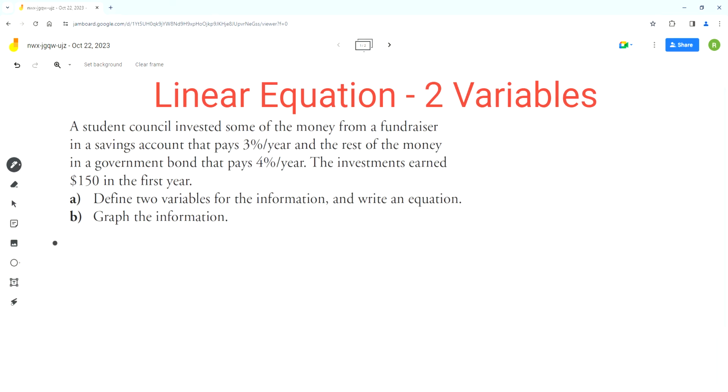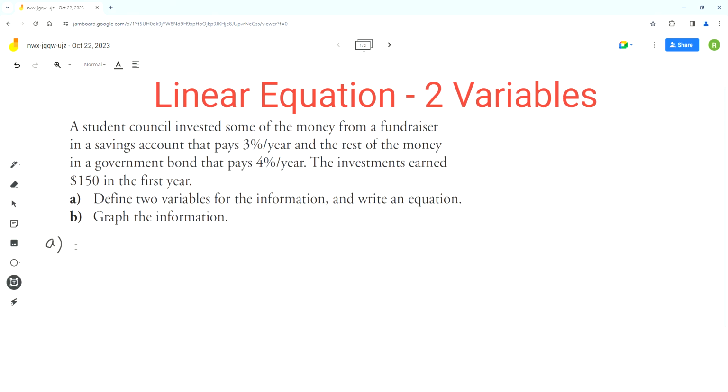Now in part A, we have to define the two variables. The variables are for the unknowns in the problem. We are given that some amount of money was invested in a savings account and another amount was invested in the bond. We'll have to write variables for the amounts that were invested in the savings account and the government bond.